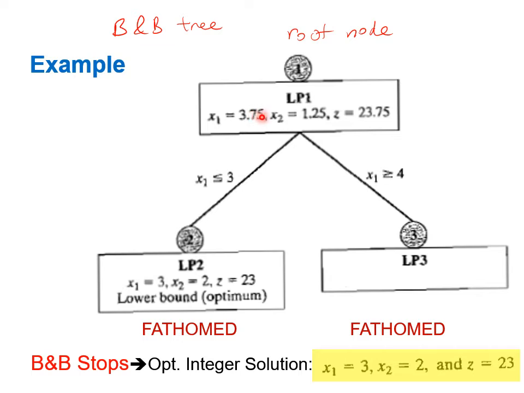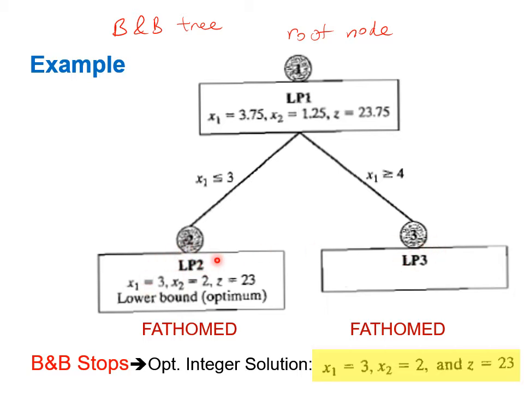So let's divide the problem into two parts by considering first the values of x1 which are less than or equal to 3, and as a second problem the values of x1 which are greater than or equal to 4. We include these two as constraints into our original problem, and we obtain two new problems.